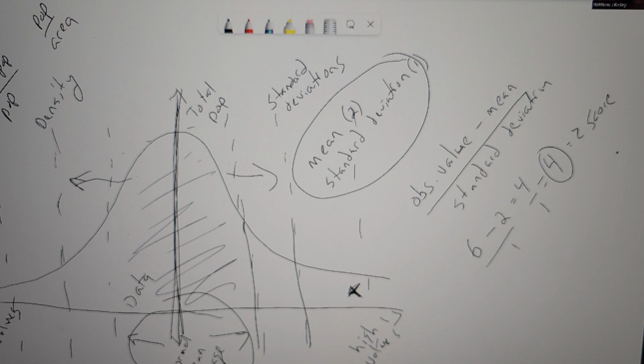Our z-score is going to range generally from, well, it depends on how many outliers you have in your data set, but let's just say -4 on up to +4, though you'll get z-scores like 15, 20 because you have crazy outliers.